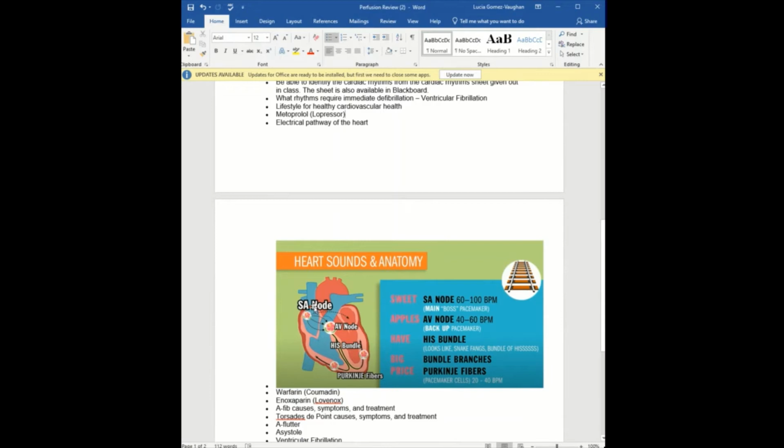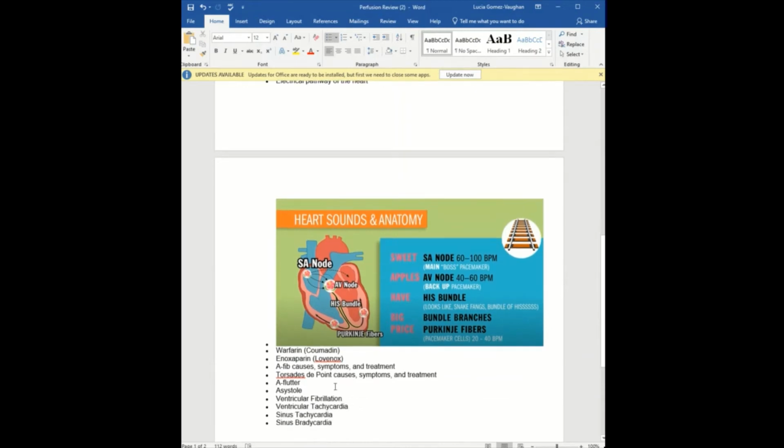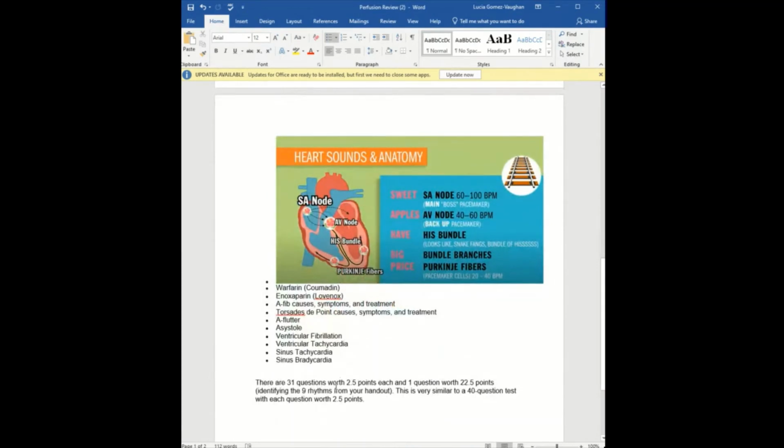If the SA node is not functioning, the backup pacemaker, the AV node, will take over, but that beat will only be between 40 and 60. If that is not working, you might have some conductivity at the Purkinje fibers, but take note that that's only 20 to 40.